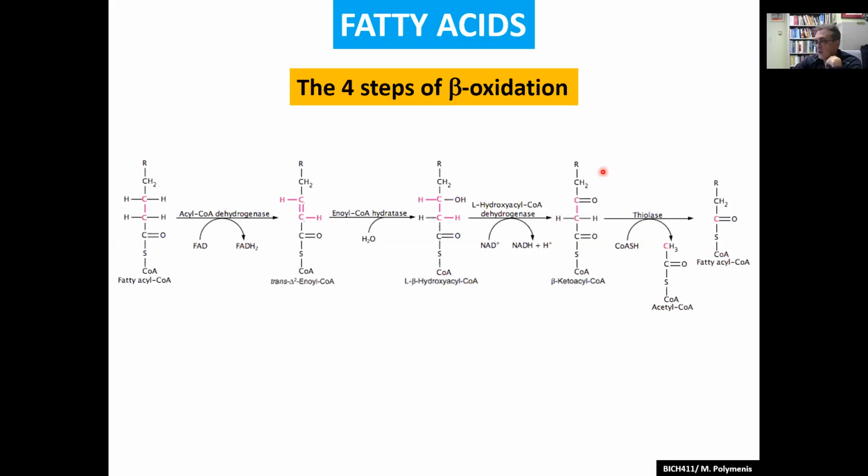Then you can finally break this alpha and beta carbon with thiolase, which will release the last two carbons in the acetyl-CoA, and it's going to make a new acyl-CoA chain that's 2 carbons shorter than what you started with.